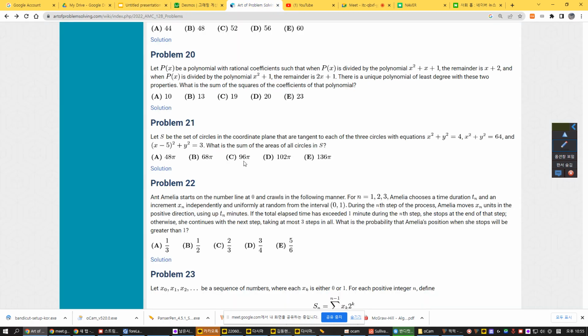And 21. I think we can make a graph to understand the situation. So let's make these 3 circles using Desmos.